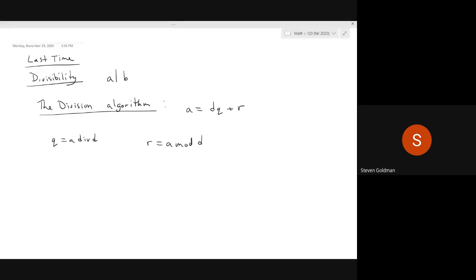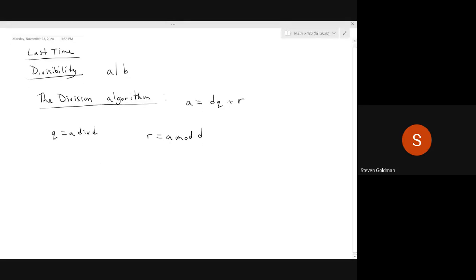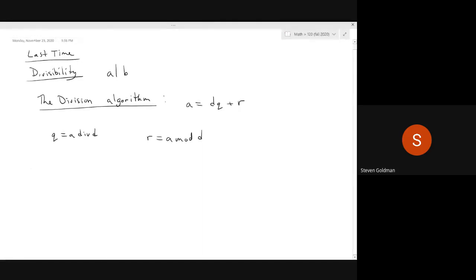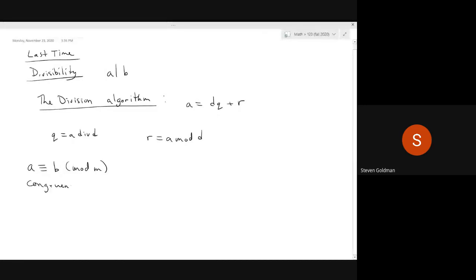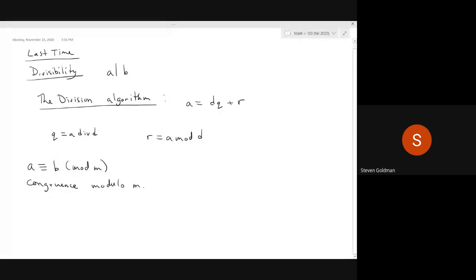We discussed congruence modulo M as well. So we just talked about A being congruent to B mod M. We said two integers A and B are congruent modulo M if their difference is divisible by M, right? M divides their difference.